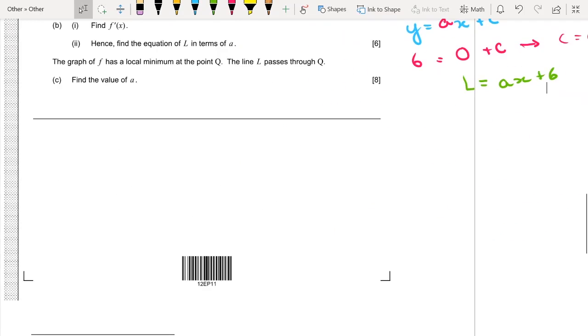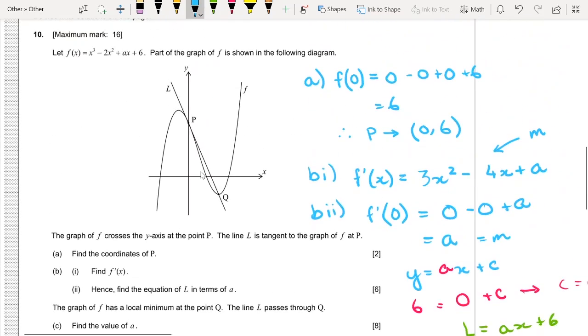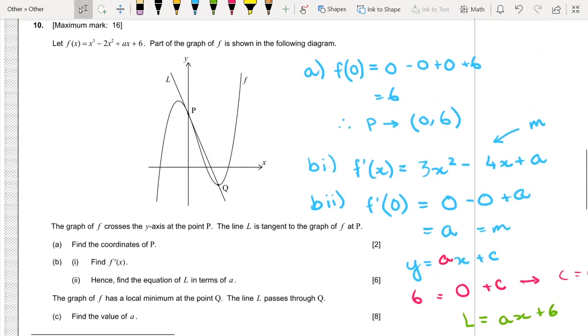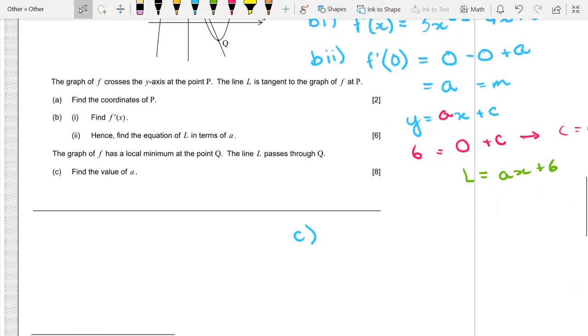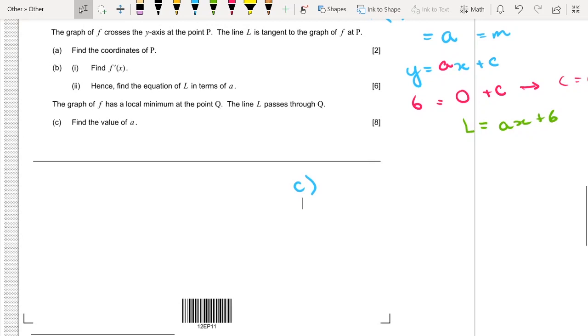All right. The final part of this question is C. Find the value of a. It says that the graph of f has a local minimum at Q, and the line L passes through that function. We know that P and Q are both intercepts of the line L and the function f, so we can just set them equal to one another. x cubed minus 2x squared plus ax plus 6.